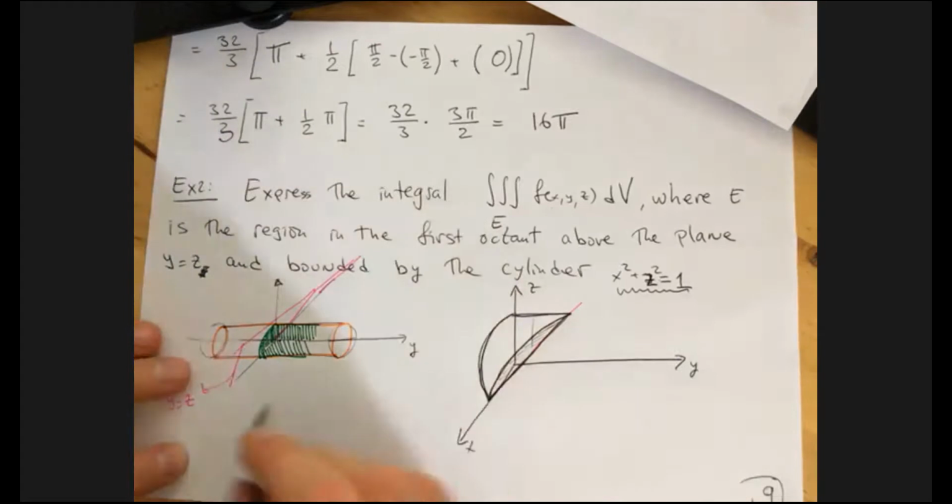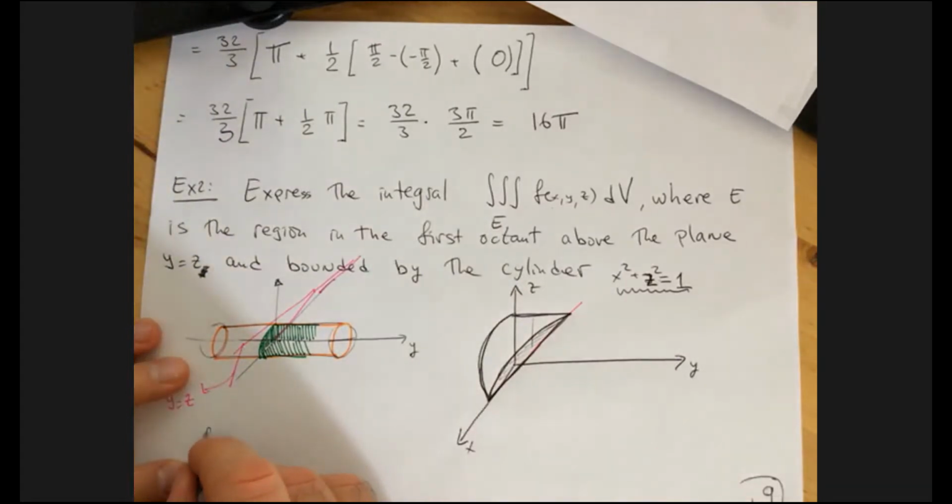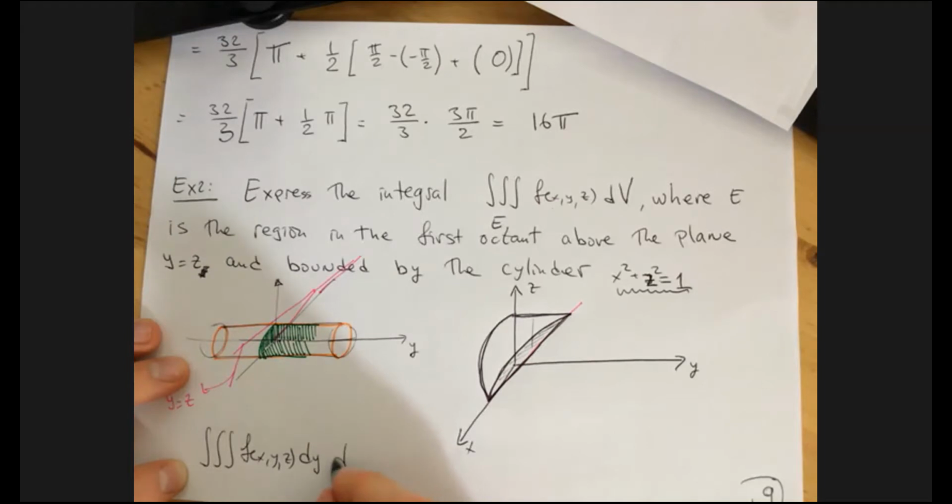So basically, I want to express this integral as the integral of f x, y, z dy, and then I'm going to choose dA, over the region D. Okay, and the region D is going to be what?